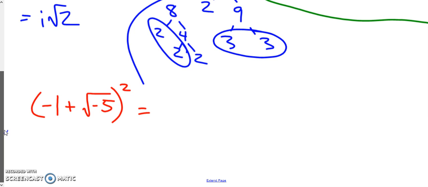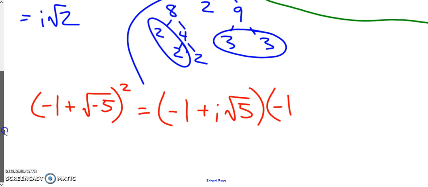And so I've got to write it twice and FOIL it with itself, or use a shortcut. Most kids don't remember the shortcut. So, and also I might pull this negative out and make it into an i. So this would be -1 plus i square roots of 5 times -1 plus i square roots of 5.